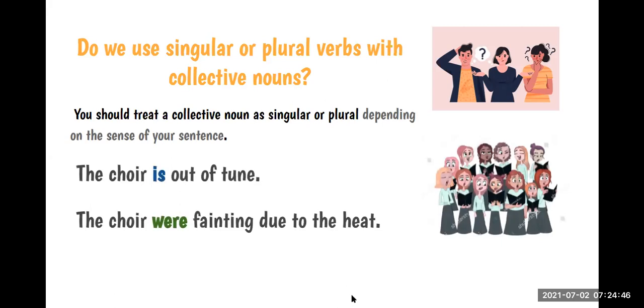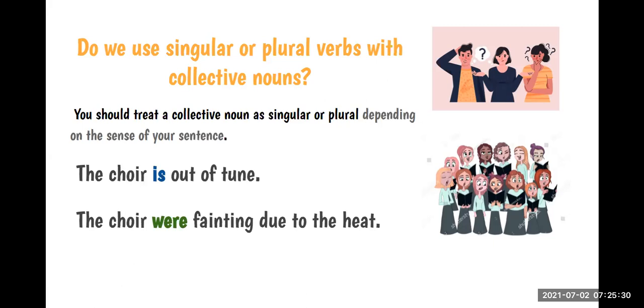Okay, so here we have an example. The choir is out of tune, and the choir were fainting due to the heat. So as you can see, we have exactly the same subject here, but we have a singular and a plural verb, right? What is the difference? In this first sentence, we are talking about these people as a group, and they are doing this activity as a group. So that's why we use a singular verb.